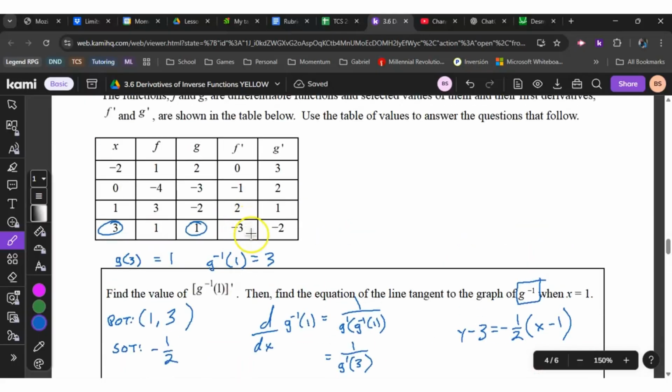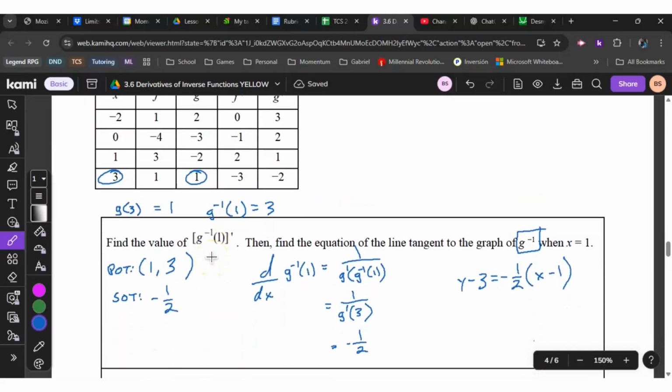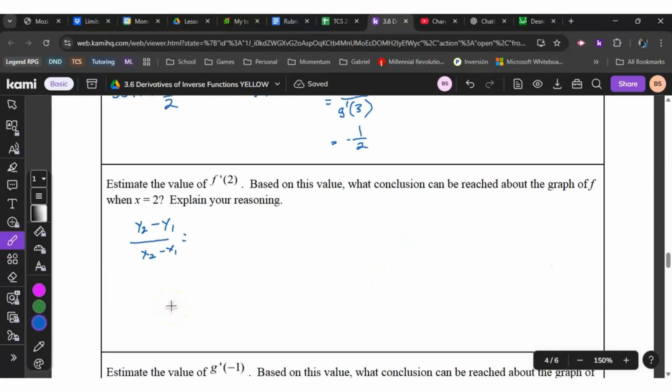Now 2 is between 1 and 3, so we should use those, and we're doing it for f. So our two points are 1, 3 and 3, 1.